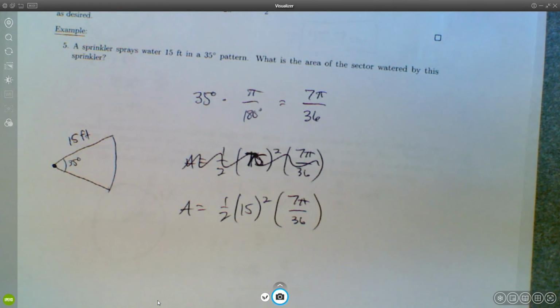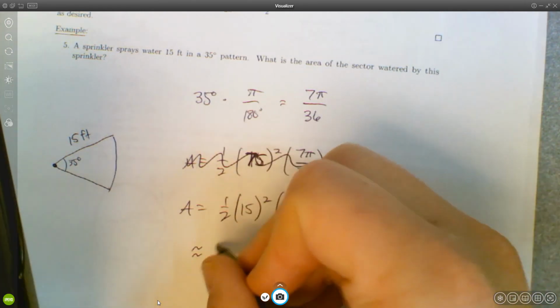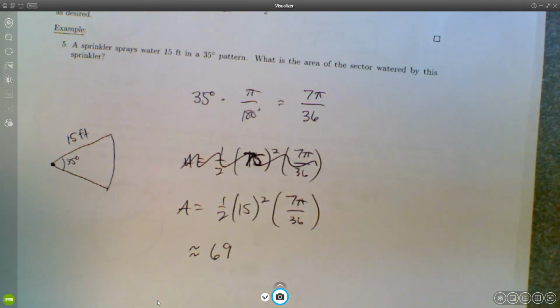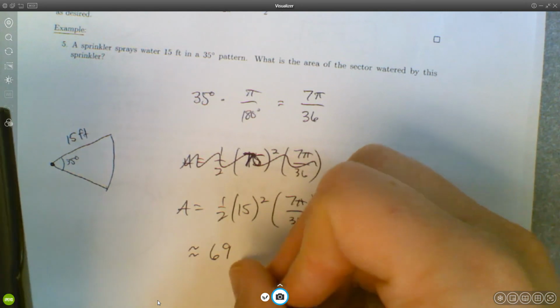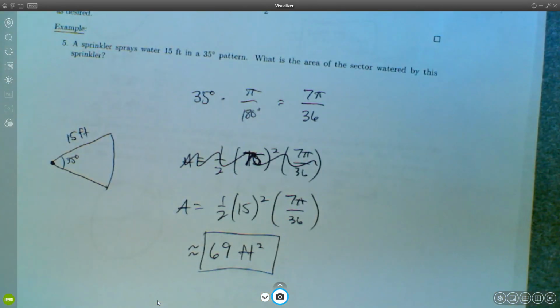Okay, so let's see. We're going to have 1/2 times 15 squared times 7 pi over 36. That comes out to about 69. If I'm rounding to 2 sig figs, we would say about 69 square feet. That's about how much that sprinkler waters. About 69 square feet of land.